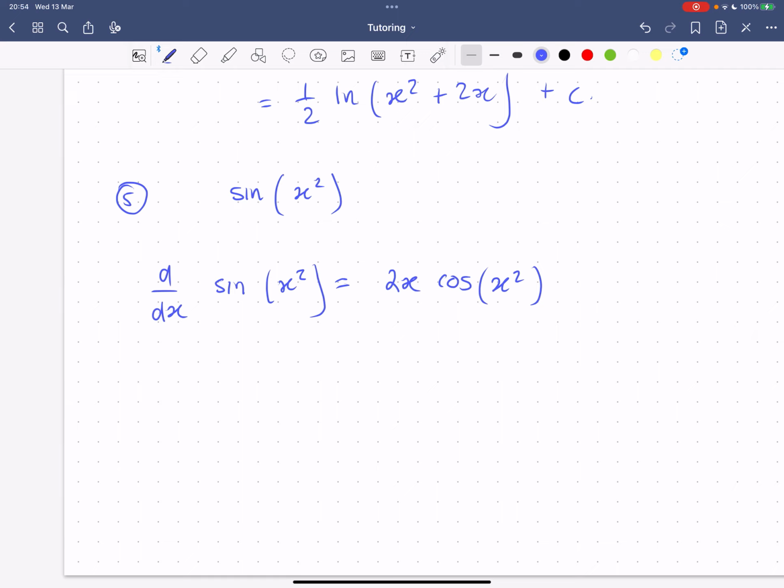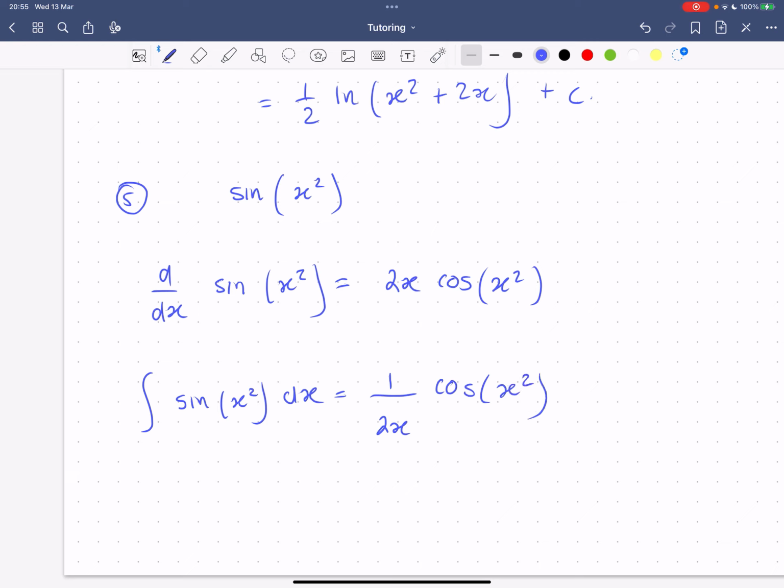Let's say, though, I wanted to integrate it. The integral of sine of x squared, dx, of course. Well, that tells us we need to go 1 over the differentiation of the brackets, because the opposite of pulling this out and timesing it out the front when I differentiate is going 1 over the differentiation of the brackets times by cos of x squared.